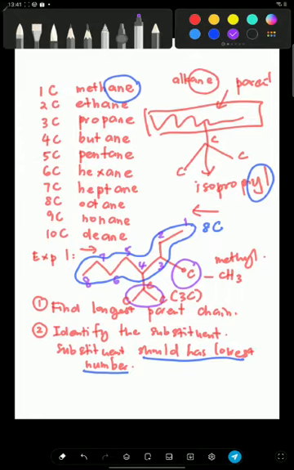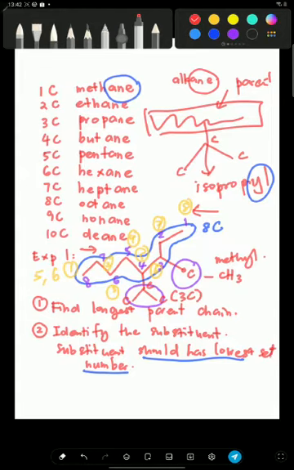And if you count from here, it will be 1, 2, 3, 4, 5, 6, 7, 8. So the location of this isopropyl is 5, and for carbon number 6, carbon for methyl, the location is 6.